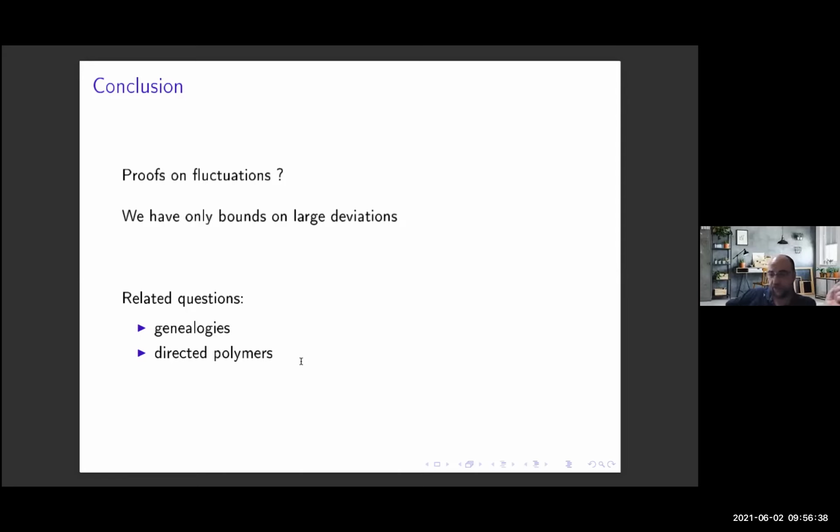So we know that for the regular case, u times (1 minus u), which corresponds to branching Brownian motion with coalescence, what do we know?